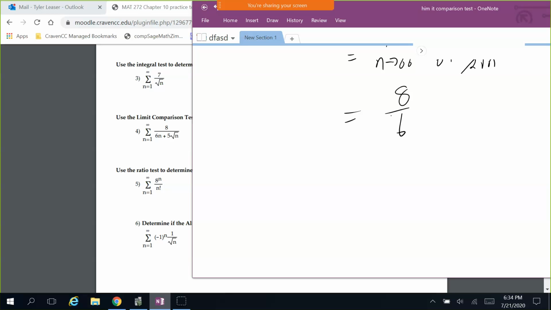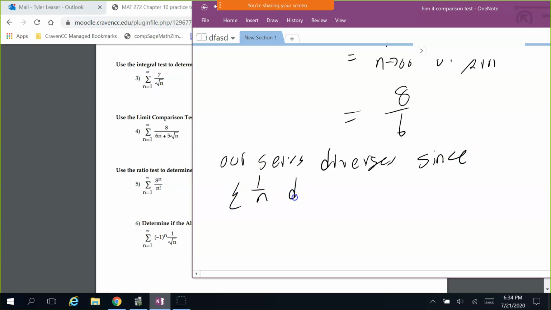They're the same. So if one diverges, the other diverges. So our series diverges since the series 1 over n diverges and the limit of our series over 1 over n came out to be a positive number by the limit comparison test.